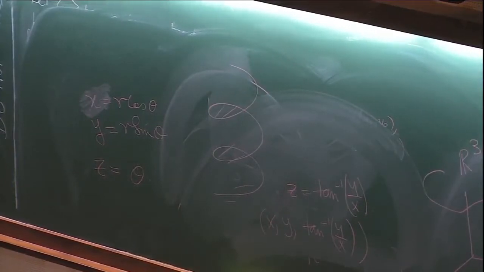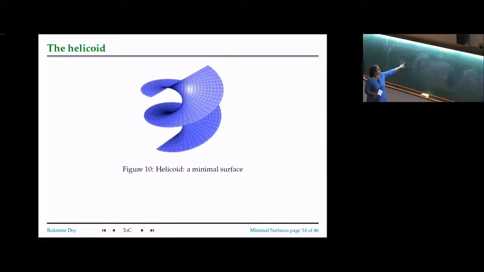So that's another way of parameterizing it. So parameterization is not unique. Here the two parameters were x and y. Everything was in terms of x and y. Here the parameters are in terms of r and theta.